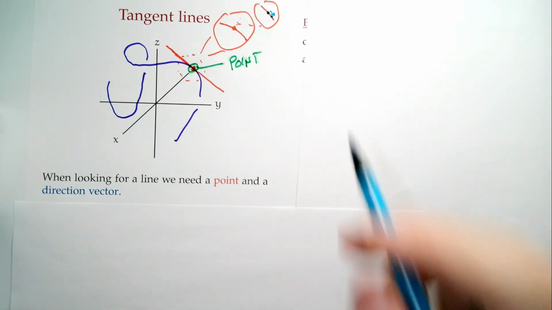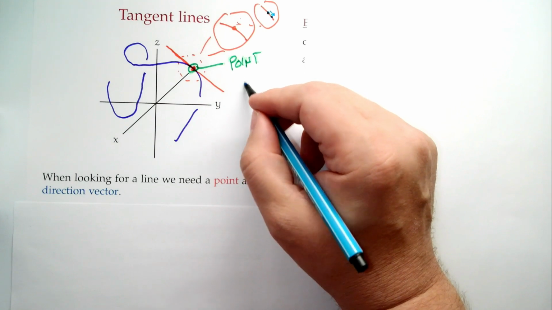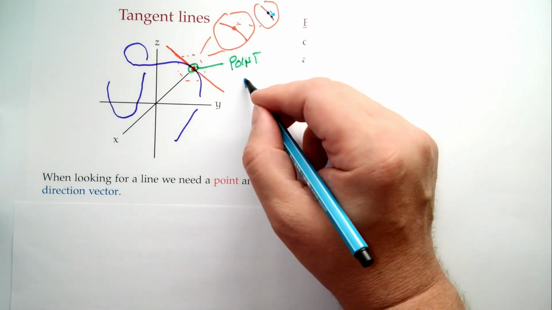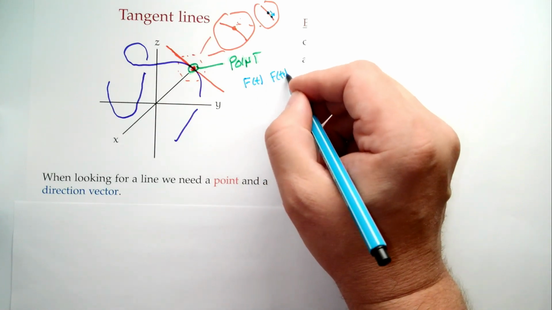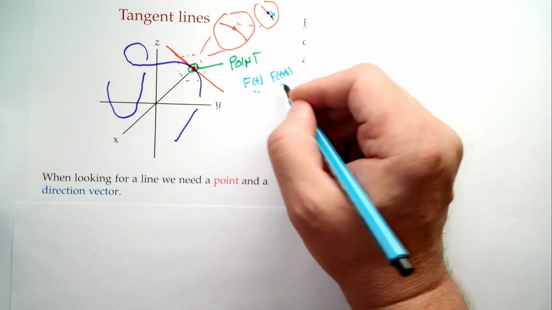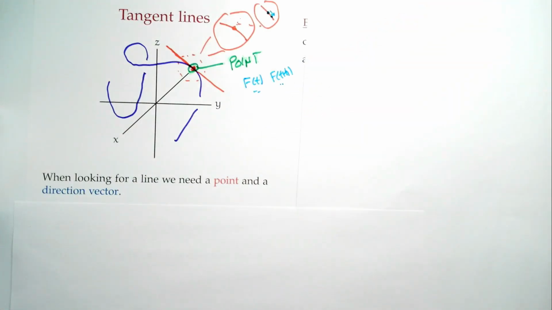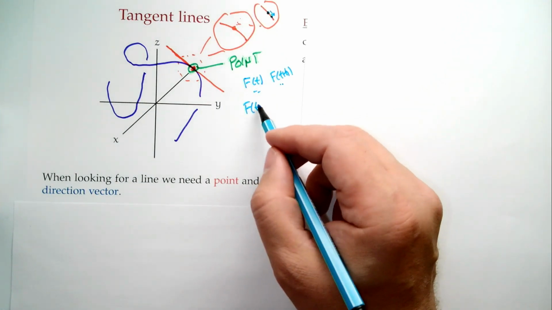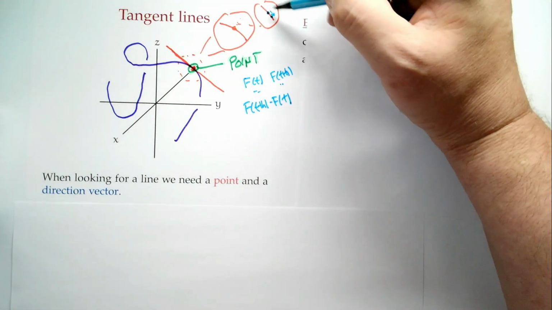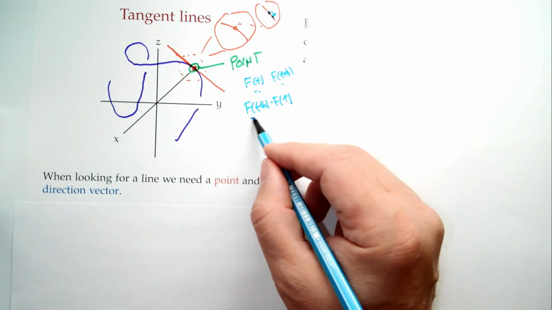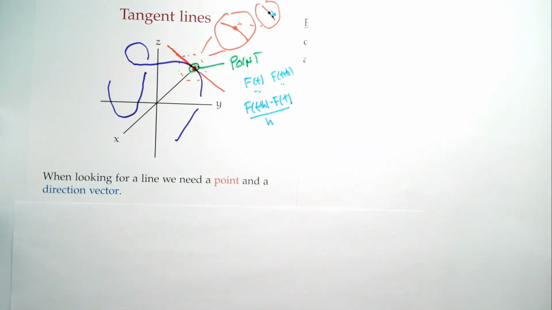So what I really want to do is compare where my point is, say, capital F of t, versus where it is if I just perturb it ever so slightly. I want to get a vector between them. So in particular, I want to look at capital F of t plus h minus capital F of t. So that's this little vector here. But again, because the vector is getting small, I'll divide by h just to make sure I get something of the appropriate size. Okay, well, what does that look like?